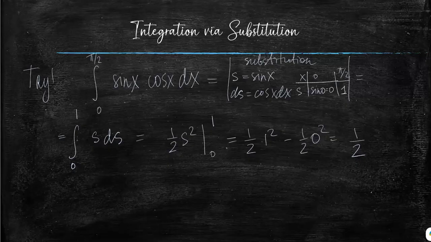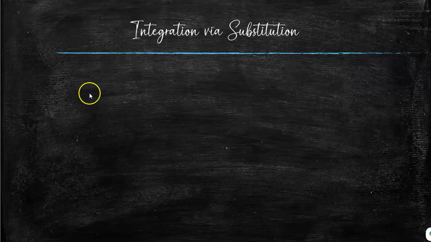So the easiest substitution to perform is a linear one. What is a linear substitution? A linear substitution is when you have a function of some linear function, so a composition of a function with a linear function. An example would be something like this.